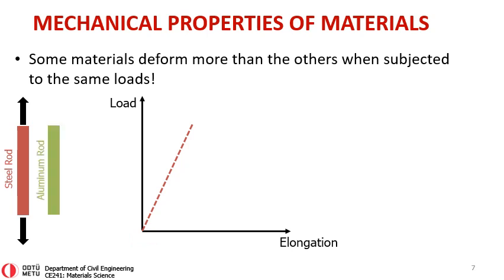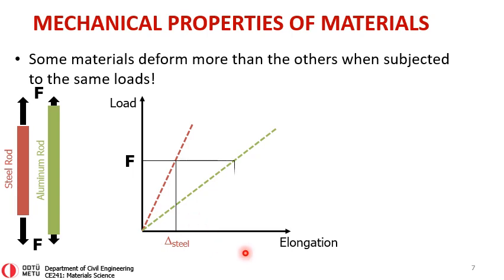But if you were to pick an aluminum rod of the same cross-section, and conduct the same testing, you apply the load and look at the elongation, as you can see over here, they do not coincide. For a certain load, the deformation that you observe in steel will be different than the deformation that you observe in aluminum.